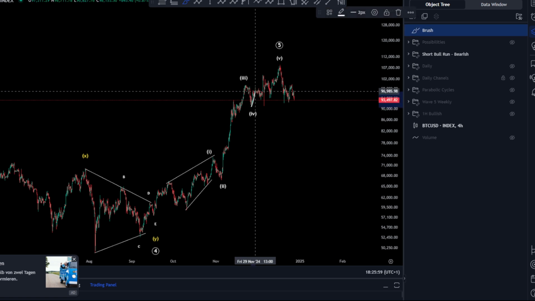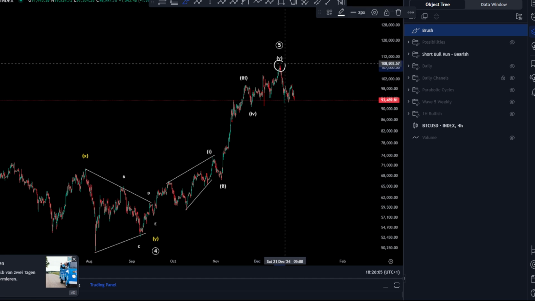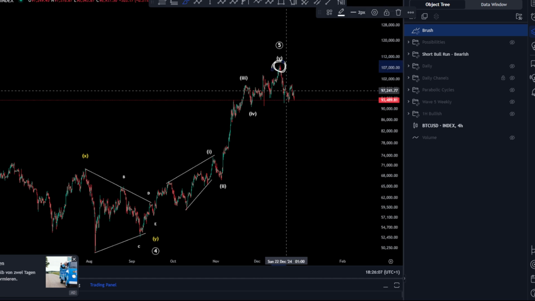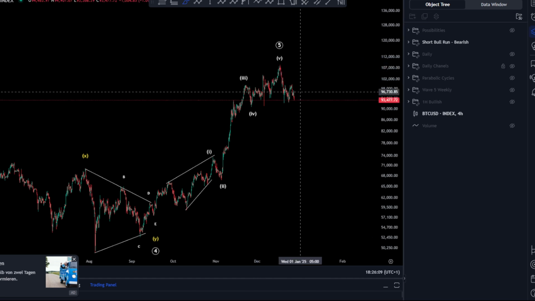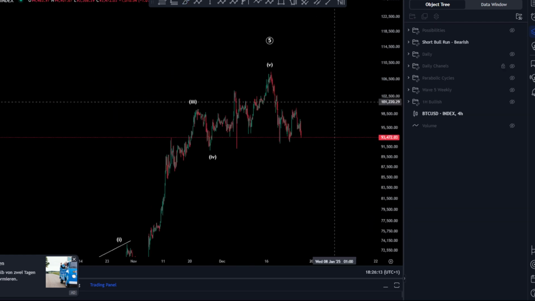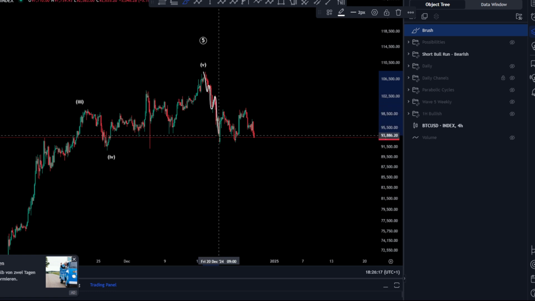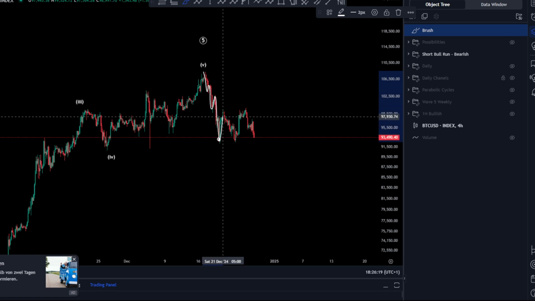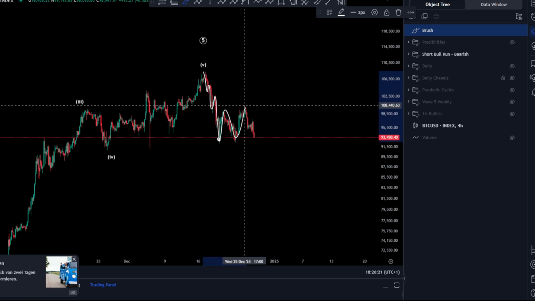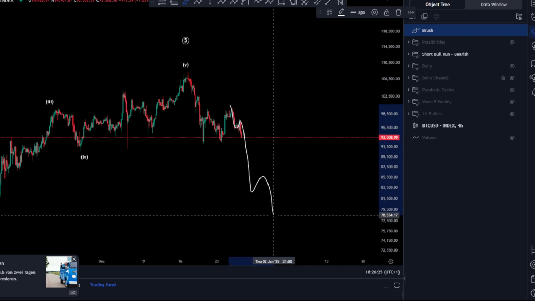And then it could be an expanding diagonal here or something else, but we have topped basically here. If that happened, and we topped here, therefore we have to consider that this is 1, 2, 3, 4, 5 finished wave 1, ABC finished wave 2, and then 1, 2, 3, 4, 5.